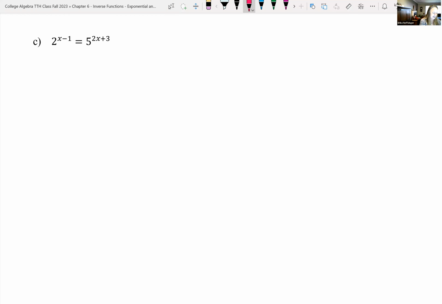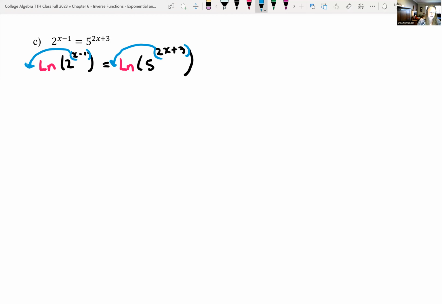So taking the natural log of both sides of our equation, we have the natural log of 2 raised to the x minus 1 power is equal to the natural log of 5 all raised to the 2x plus 3 power. So we're using properties of logs to bring our exponents down in front of our natural log.